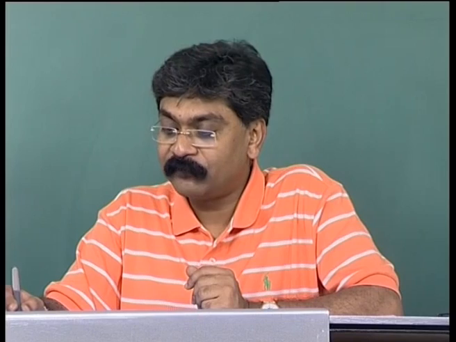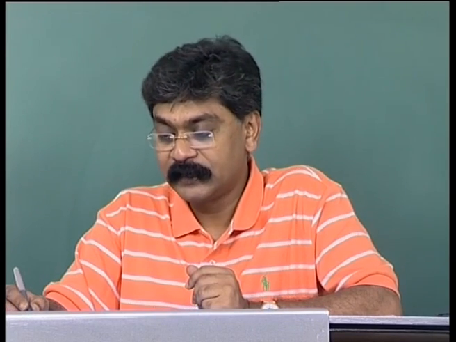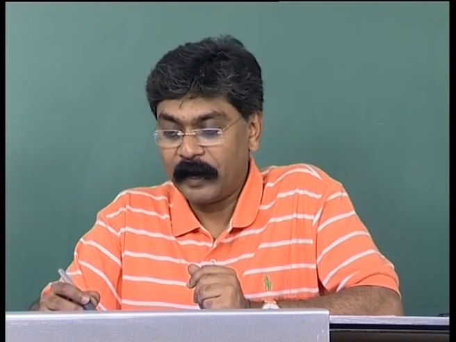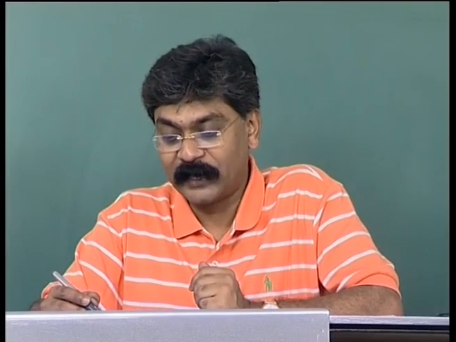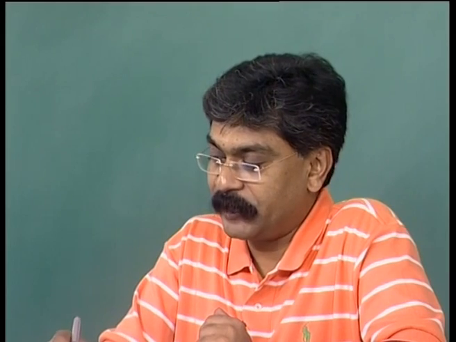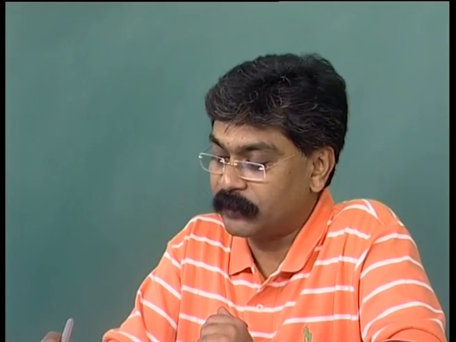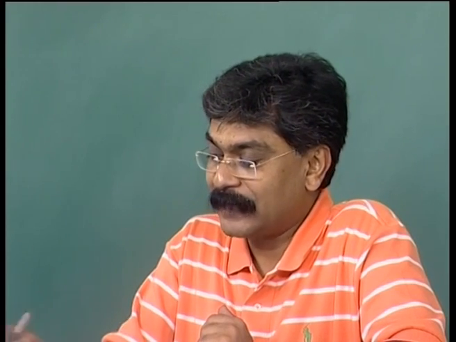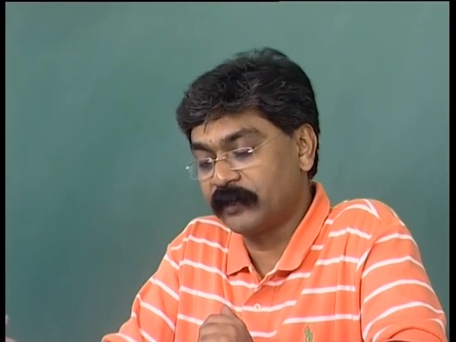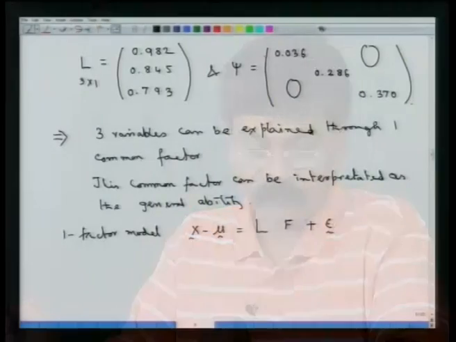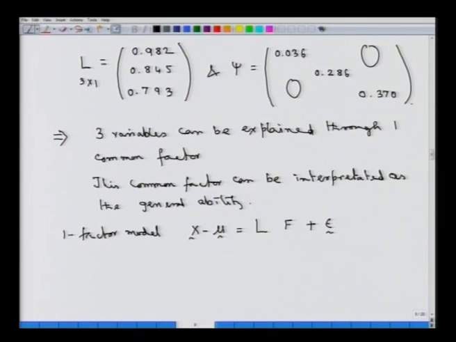So, the first variable's variance is largely explained by the only common factor. This is the L11 term, square of it, plus this psi 1 is going to give us 1, which is the variance of the first variable.